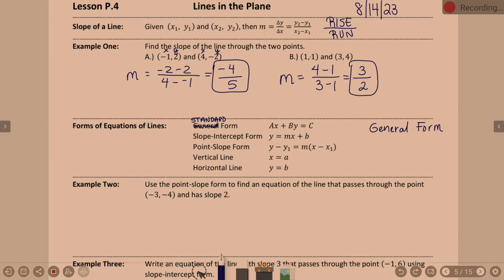Now, I'm listing it because it's in the book, but I'll be honest, general form is not one we usually see very much. But ax plus by plus c equals 0 is general form. And again, it's probably the one that you see or use the least, if you ever even use it. We sometimes see it, but we don't really ever use it for anything.